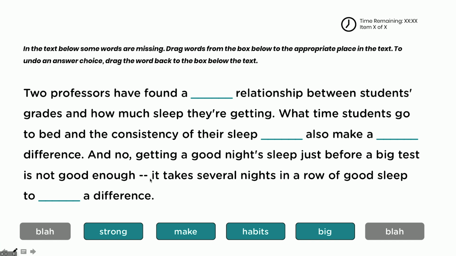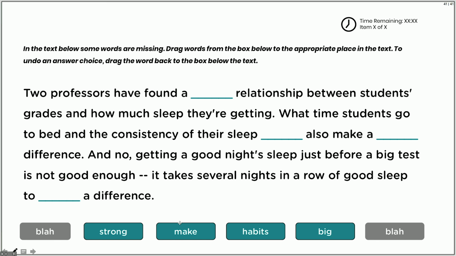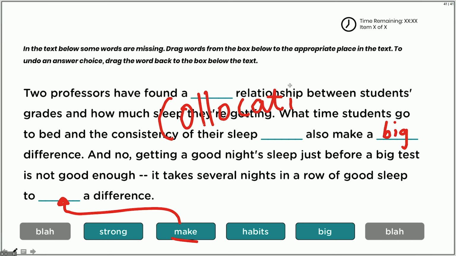Let's keep reading. It takes several nights in a row of good sleep to, again, make a difference. So here's another collocation here. You make a difference. So you can have a big difference with an adjective, or you can verb make a difference. Anyway, all of these are examples of collocations. These are critical.